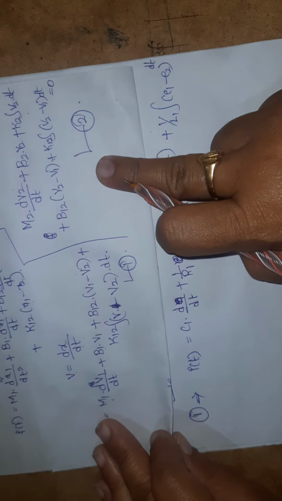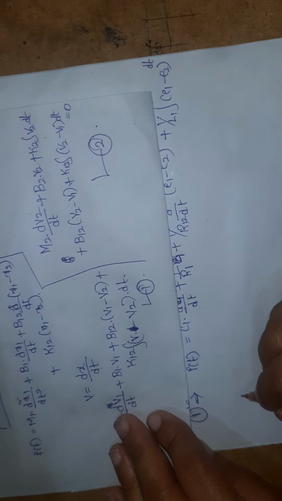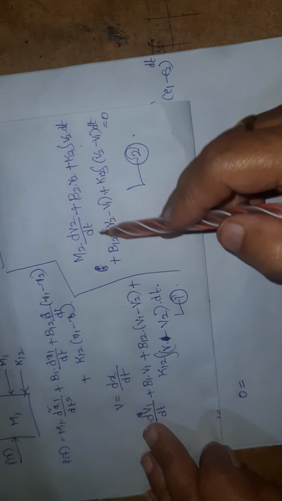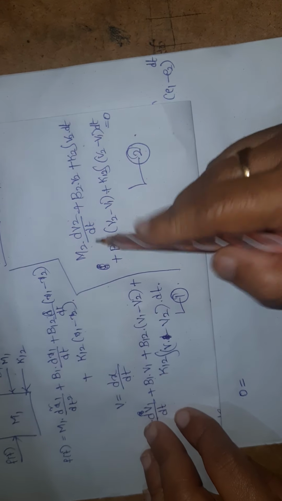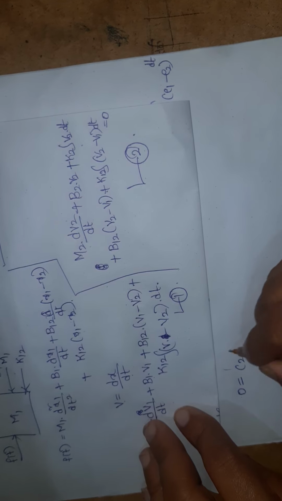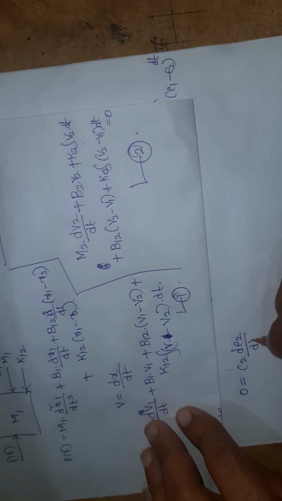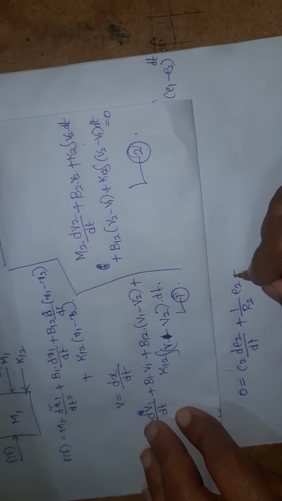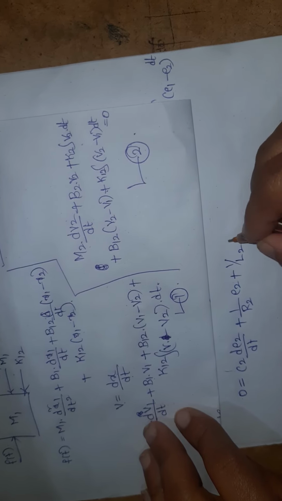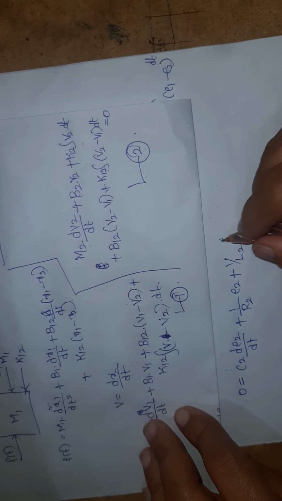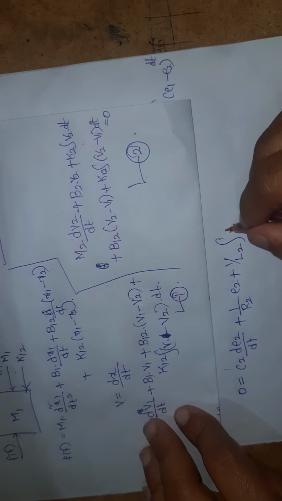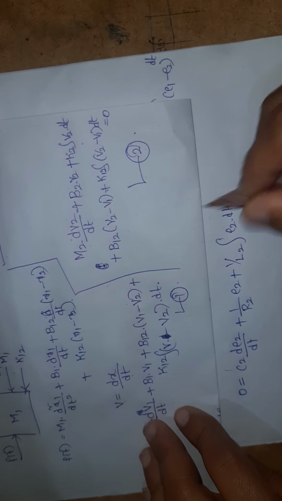Next from equation 2, 0 is equal to, what is M2? M2 is nothing but C2. C2 into dE2 by dt plus 1 by R2 into E2 plus 1 by L2 integration of, what is V2? E2 into dt plus, what is B12?